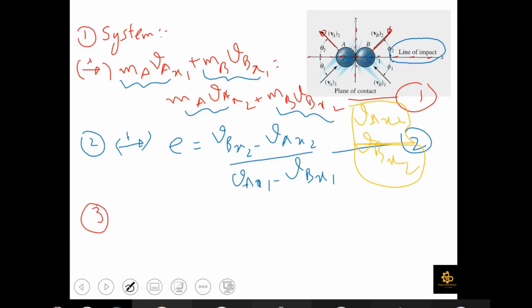In step number 3, instead of applying the momentum impulse method on the system, we are going to first of all consider particle A. Can you tell me, is there any external impulse acting on particle A along the plane of contact?